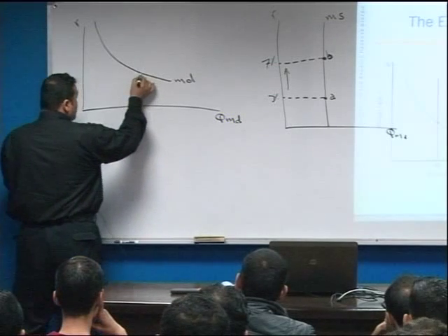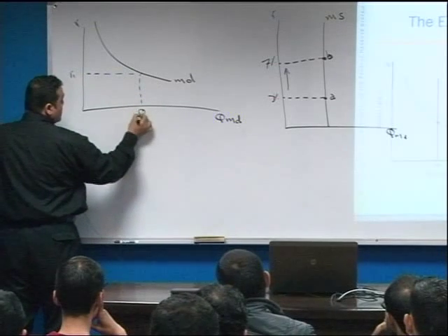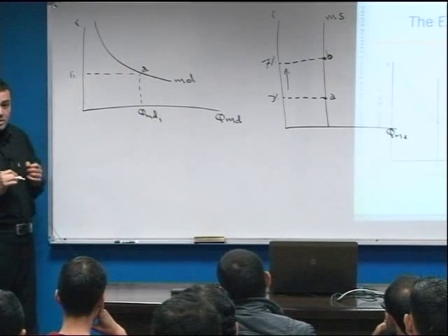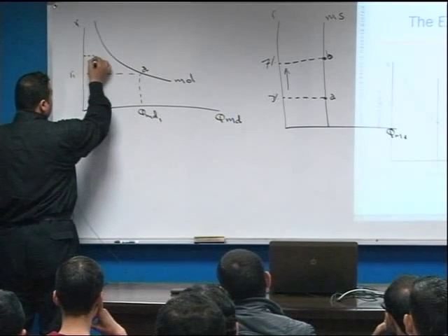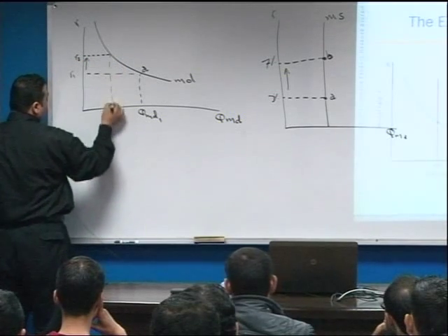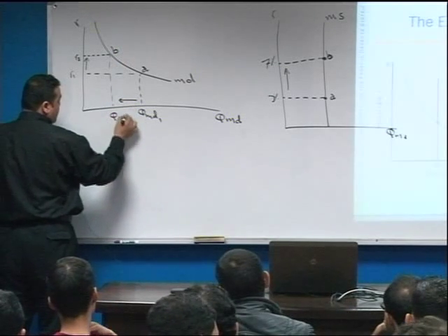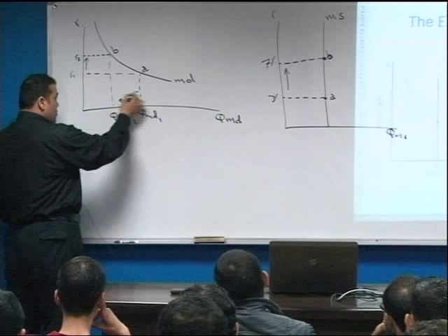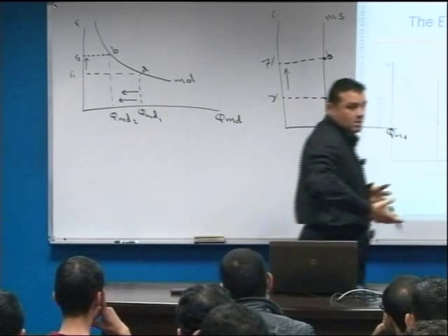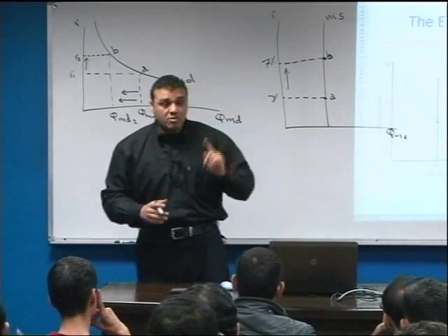Suppose this is R1, quantity of money demanded 1, point A. The increase of the interest rate from R1 to R2 leads to a reduction of the quantity of money demanded to 2. So we have an inverse relationship between the interest rate, which is the cost of borrowing, and the quantity of money demanded.